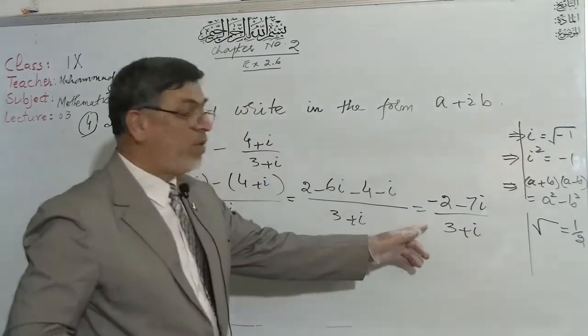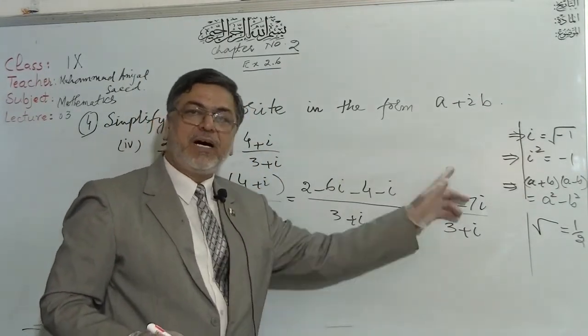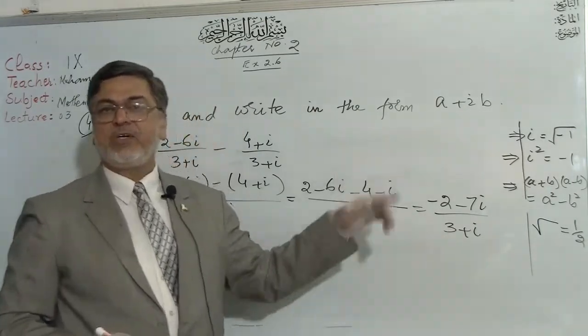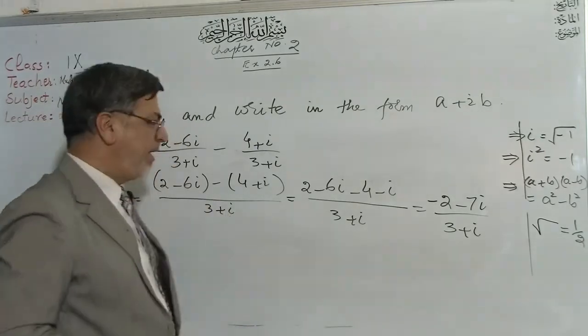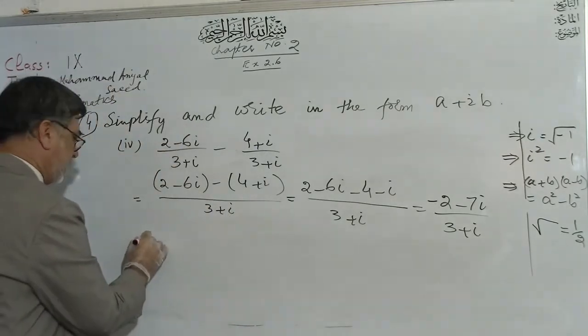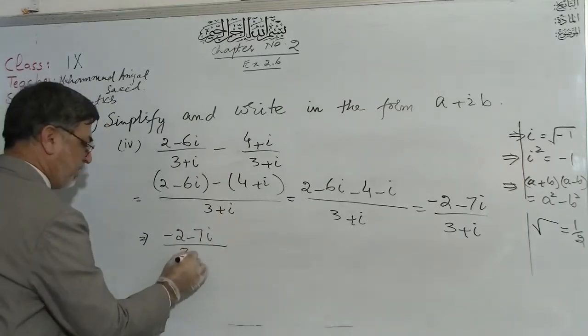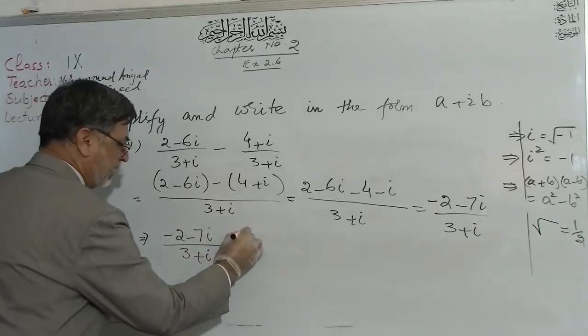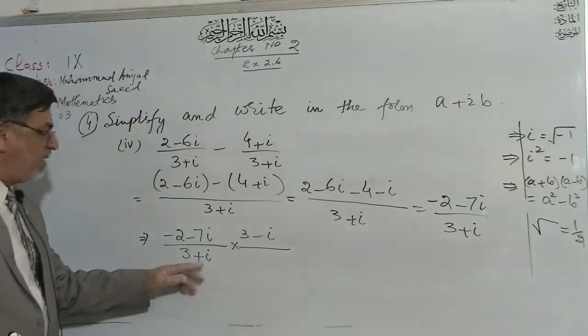So again you apply the conjugate of the complex number above and below, just like your part number 3. I hope that from here you can understand that one. Minus 2 minus 7 iota over 3 plus iota multiplied by 3 minus iota. The conjugate of the denominator is 3 minus iota.